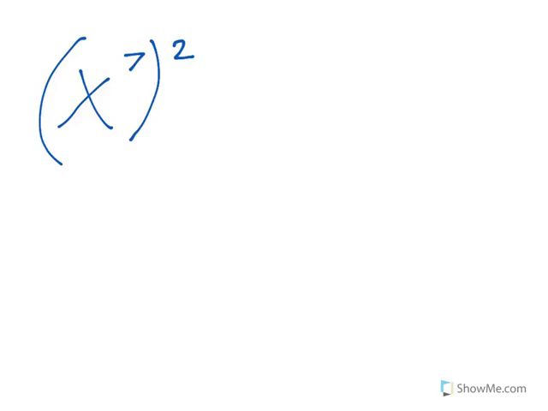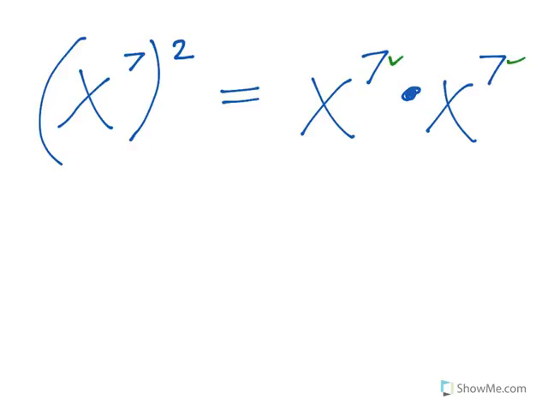Okay, let's do another example here. A power like x to the 7th raised to the power of 2, or x to the 7th squared. What that looks like is x to the 7th times x to the 7th, which of course, 7 and 7 is 49. Or is it? No, you would actually just say 14.